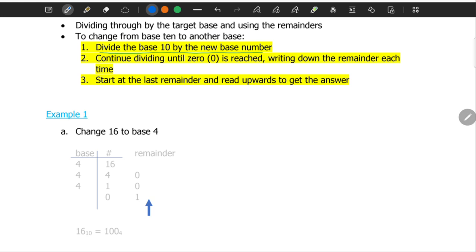So for example, change 16 to base 4. What you do is you make a column, like a table of sorts, where you have the base, the number, and the remainder.